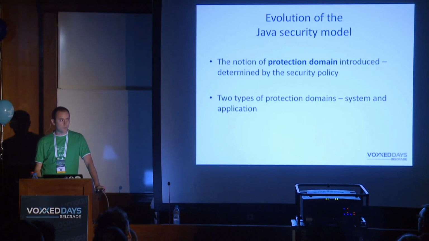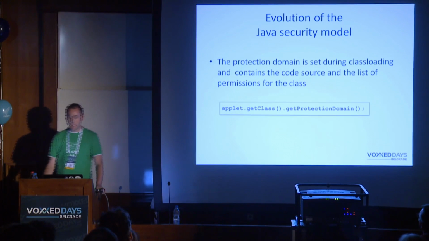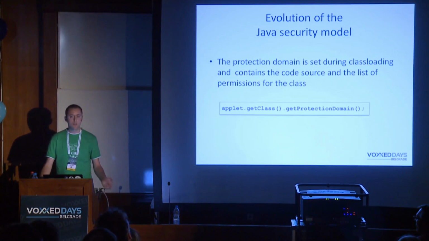Do you know what a protection domain means in that sense when we don't have a trusted and untrusted source code? Any suggestions? Okay, so a protection domain basically is set during class loading. So when classes are loaded by the JVM, you set a protection domain.